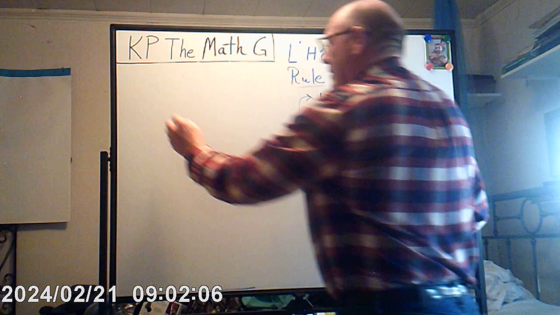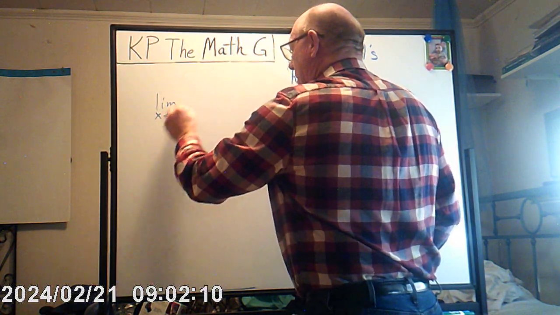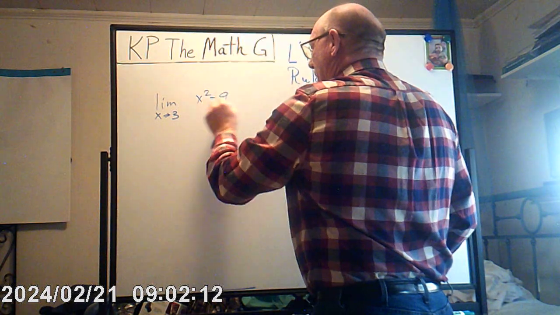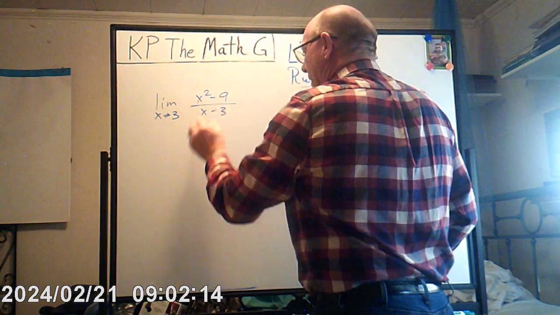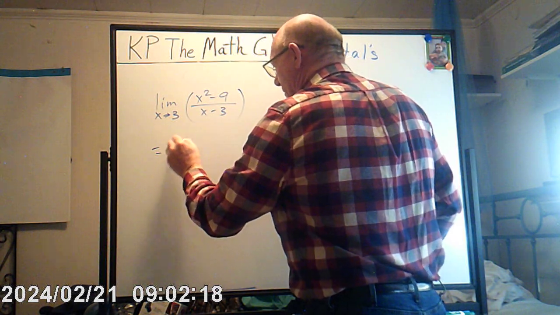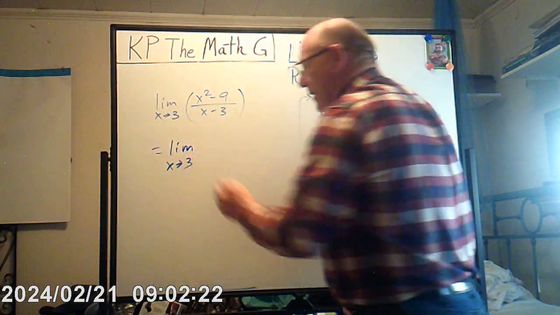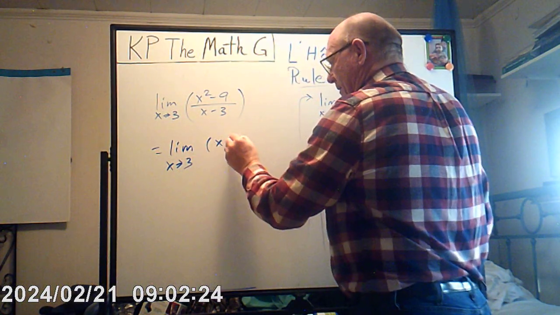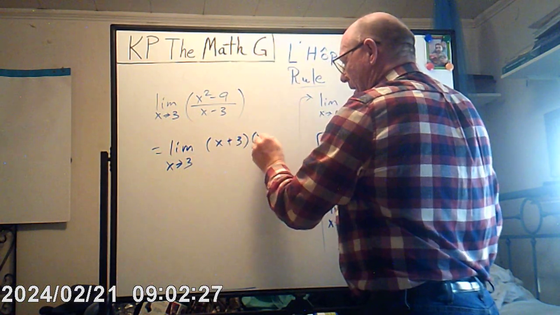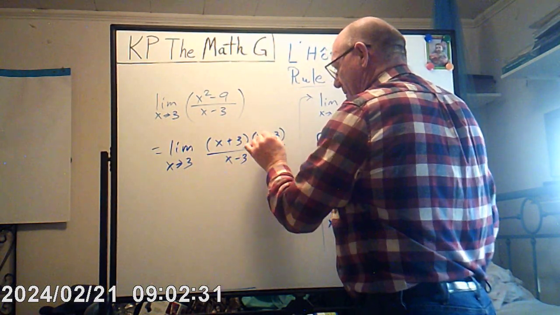The limit as x approaches 3 of x squared minus 9 over x minus 3 is equal to, factoring, the limit as x approaches 3 of x plus 3 times x minus 3 over x minus 3.